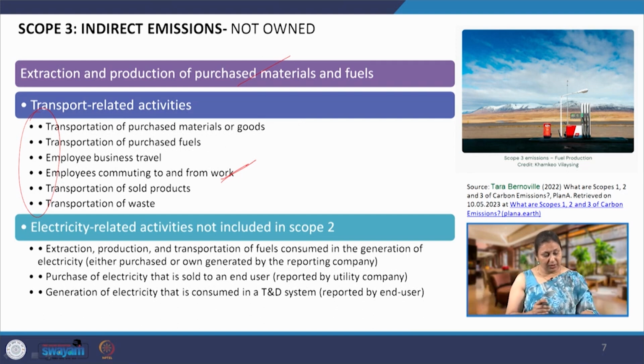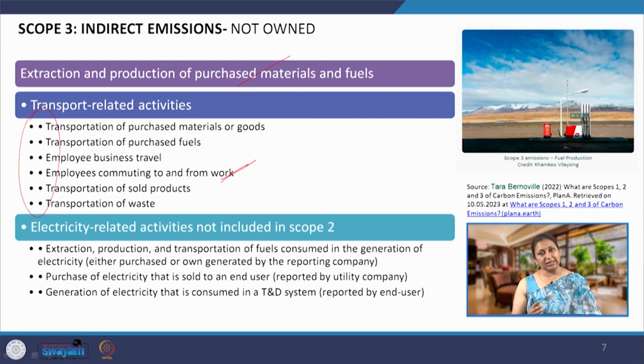The third one is electricity related activities which are not included in scope 2. For example, the electricity required in extraction, production and transportation of the fuels which are consumed in generation of electricity. So, in scope 3 we will also be looking at the extraction, production and transportation of the fuel which goes into producing electricity.